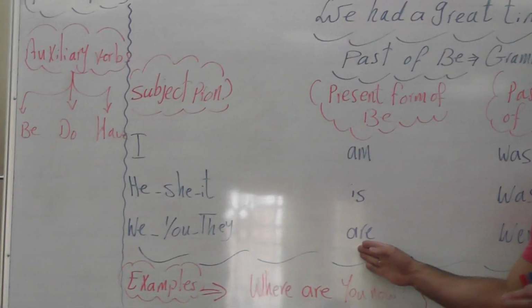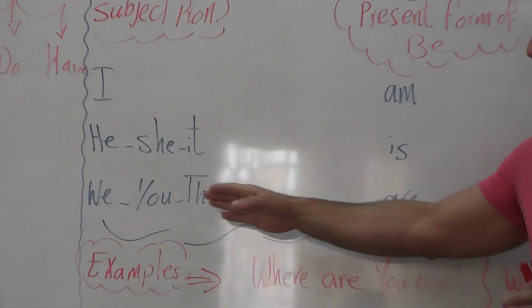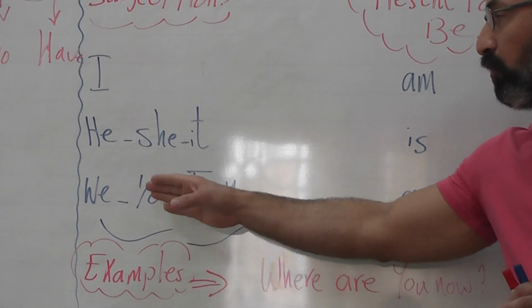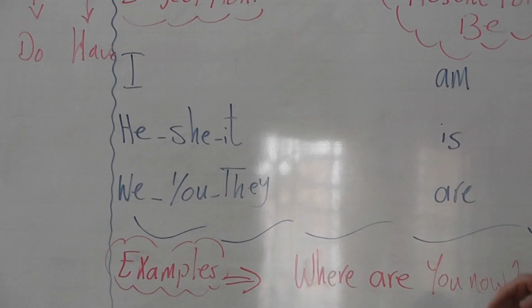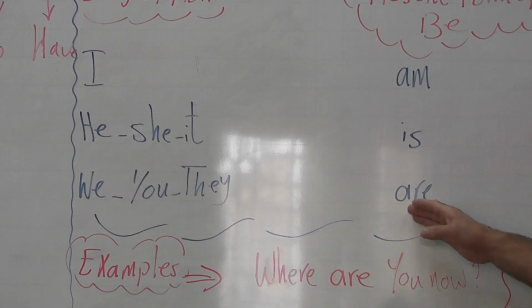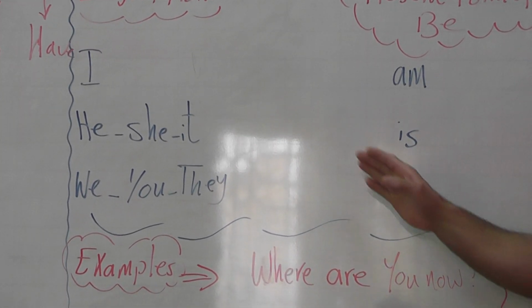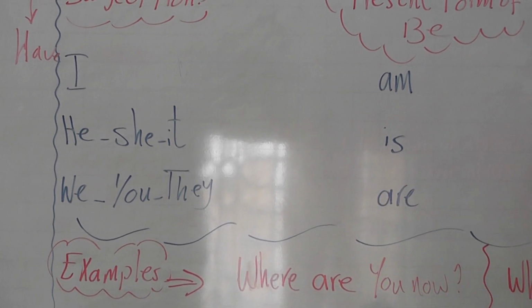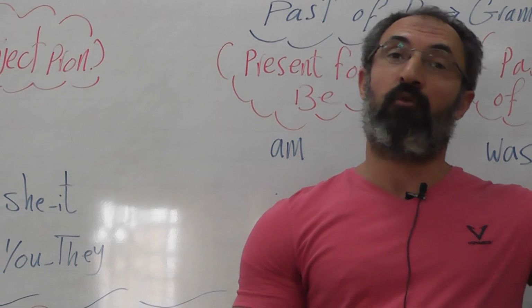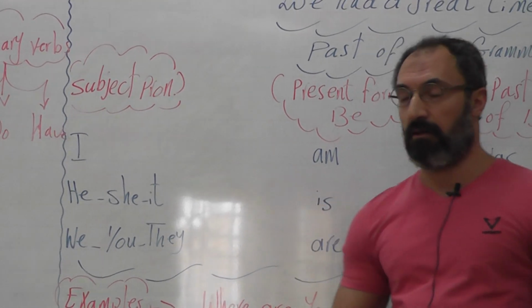So, in the present form of be, any plural subject of we, you, they, should be accompanied with are. So, we are, you are, they are. What are their names? They are Muhammad and Ahmad.